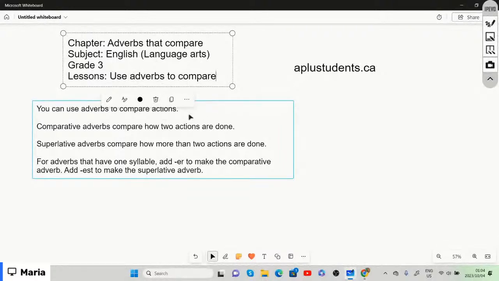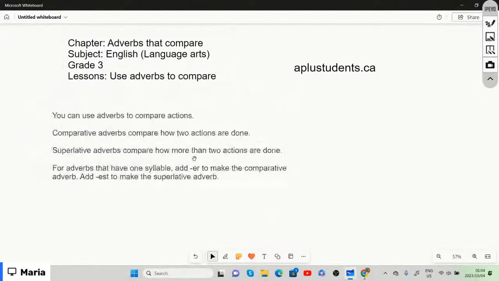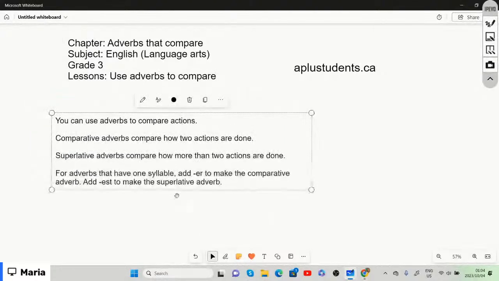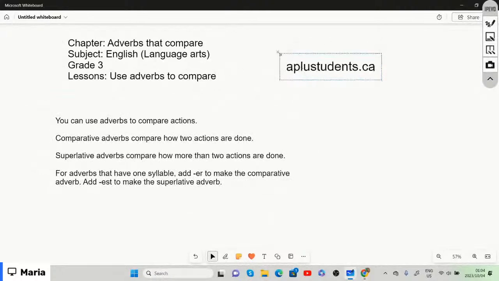The tutorial lesson for today is on aplusstudents.ca.